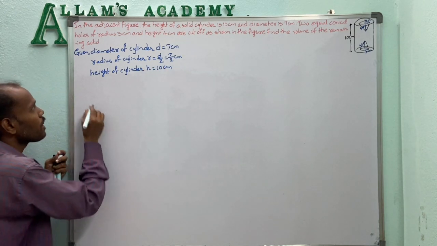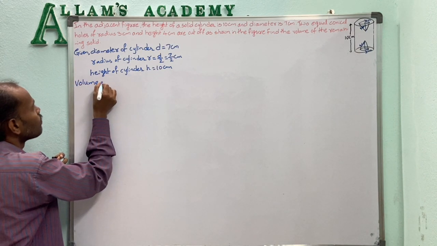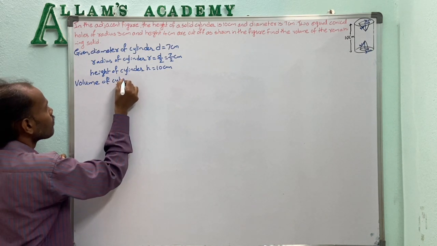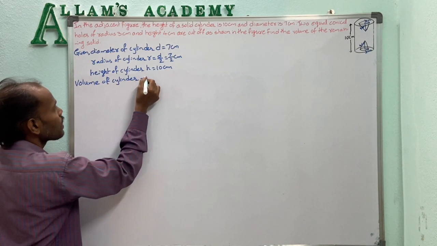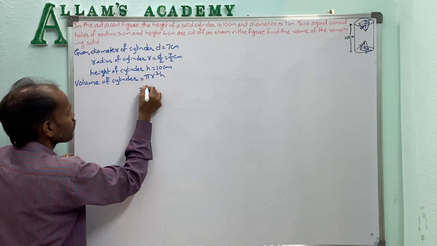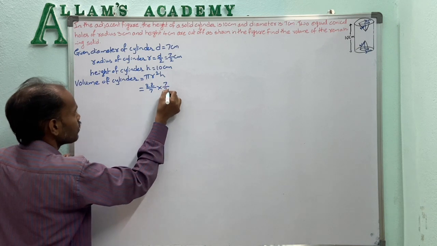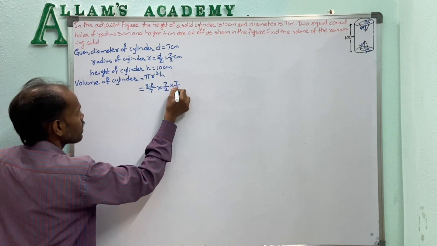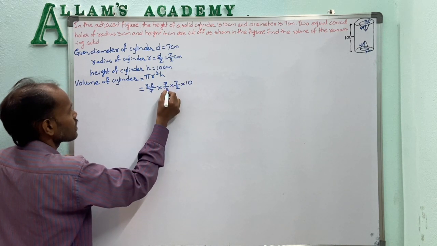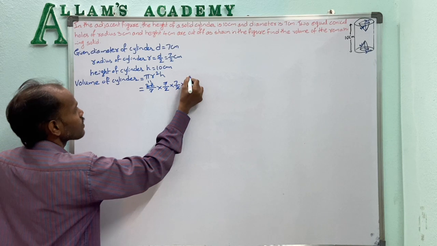Now, volume of cylinder equal to pi r square h, that equals 22 by 7 into r value is 7 by 2, so 7 by 2 into 7 by 2 into h equal to 10. So 7 sevens, 2 elevens, 2 fives.